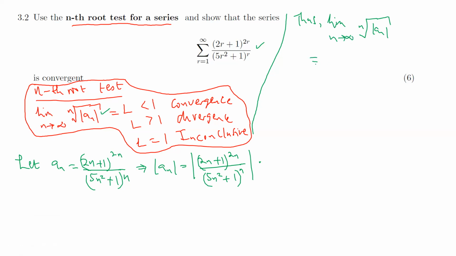So you take the limit as n approaches infinity of the nth root of the modulus of (2n plus 1).